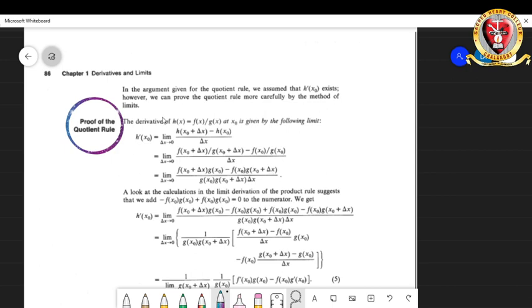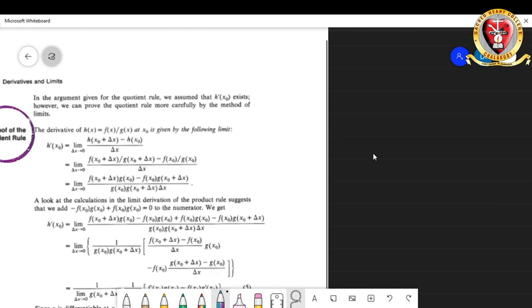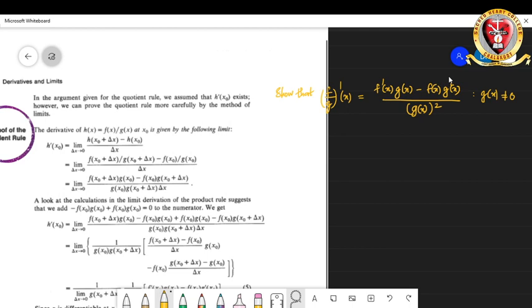In order to prove the quotient rule, what we are going to do is show that f by g the whole dash of x is equal to f dash of x into g of x minus f of x into g dash of x, the whole divided by g of x the whole square, where g of x is not equal to 0. Fine. So this is what we are going to show.